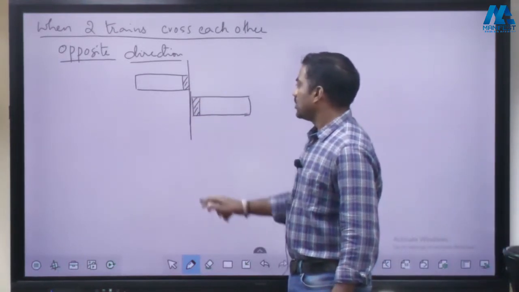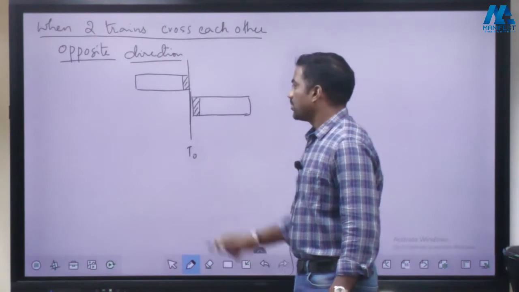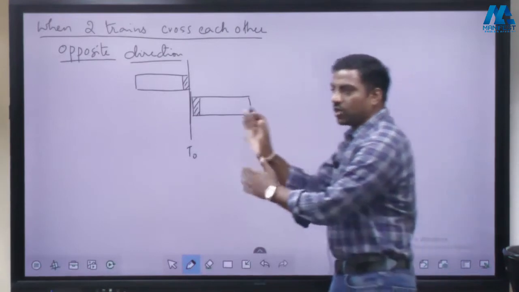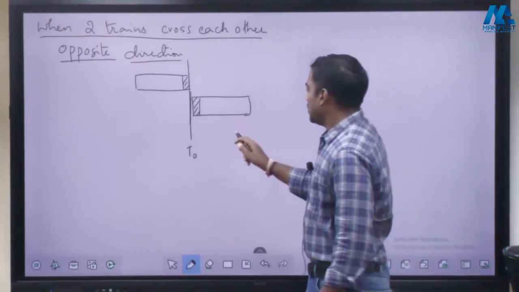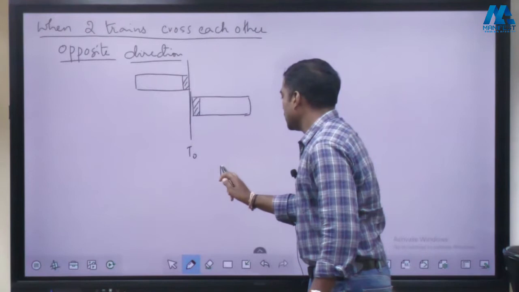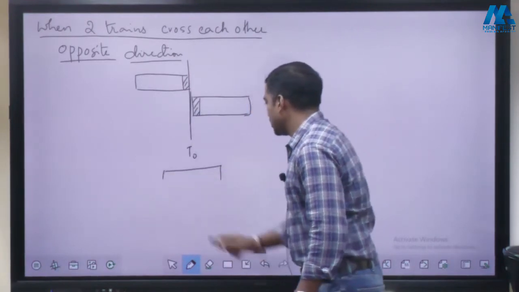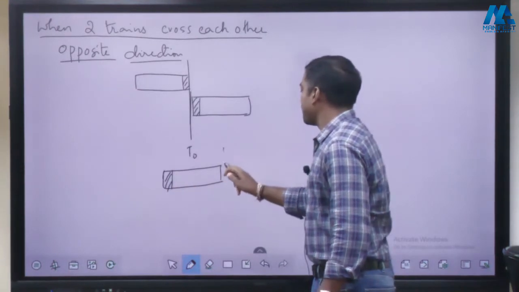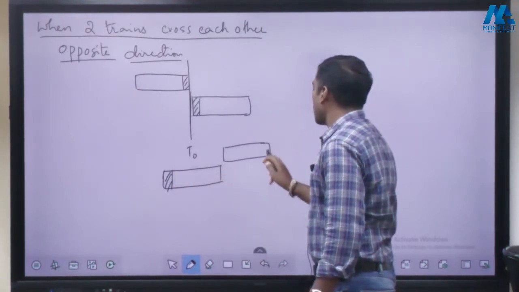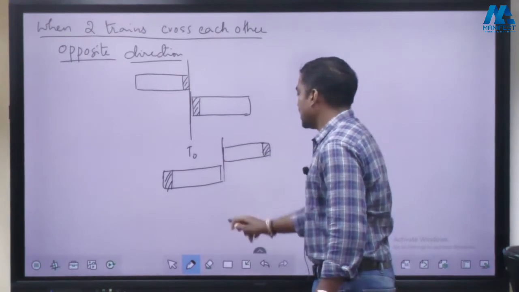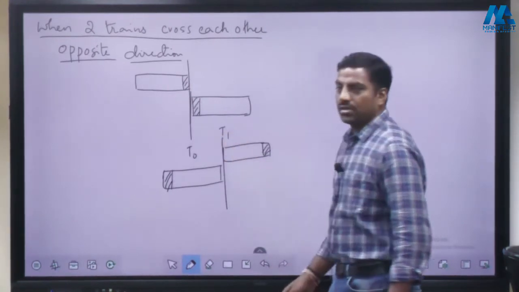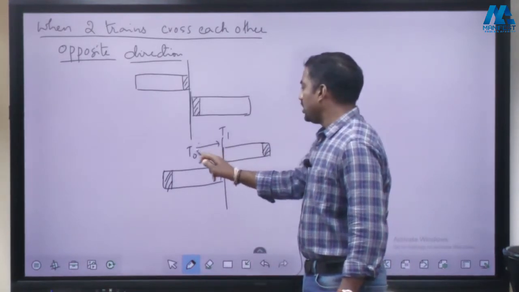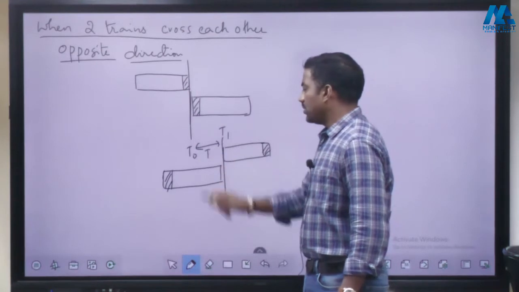Time is, let's say, when they cross each other, the scene is like this, and this is, let's say, T1. So T0 to T1, this is the time.